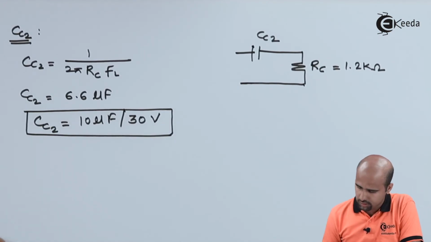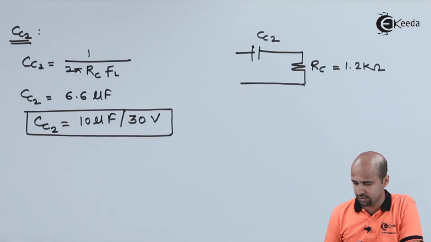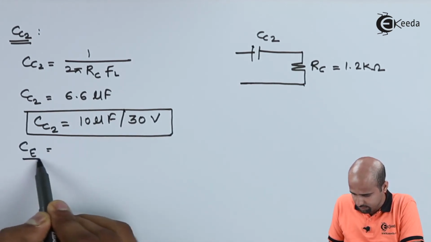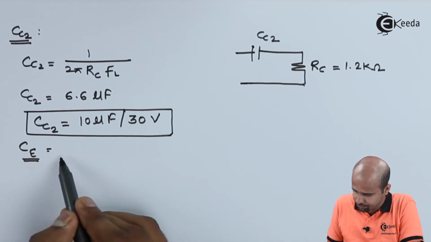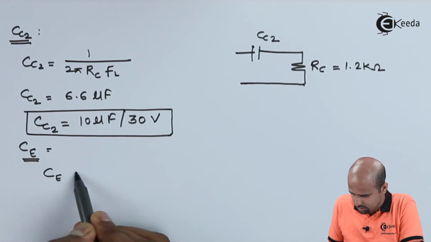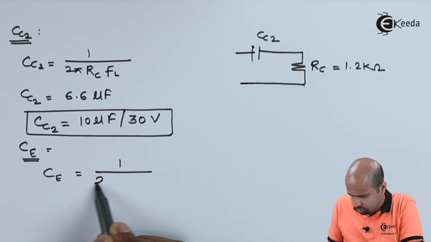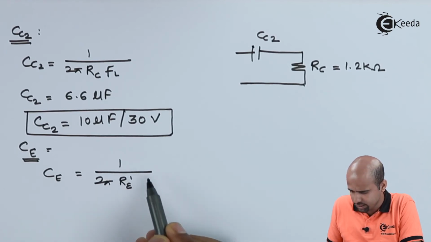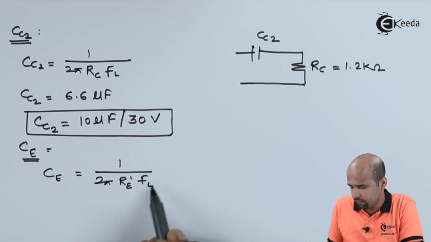This is the second capacitor, and the last calculation in your design is CE. So CE will be 1 upon 2 pi RE dash multiplied by FL.